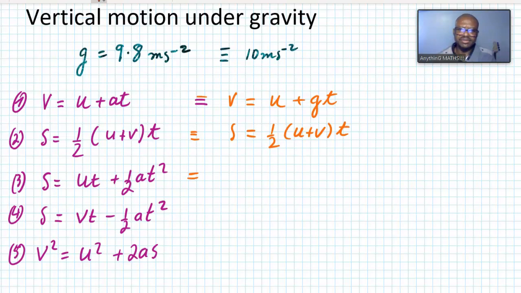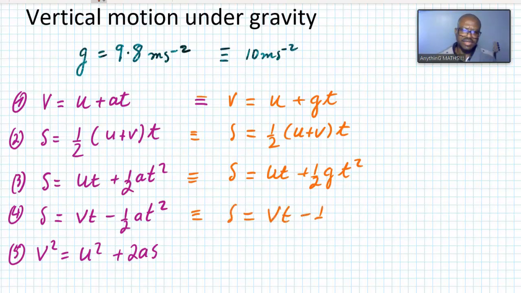The third equation will also be altered: we have s equals ut plus half gt squared. The fourth will also change, because that also has acceleration, and this will become v squared equals u squared plus 2gx.